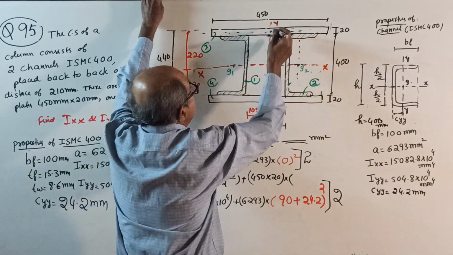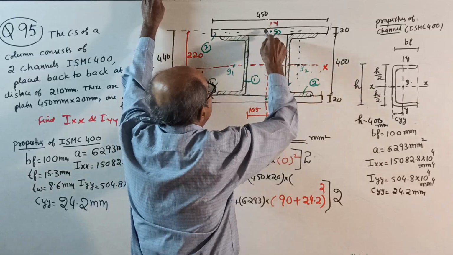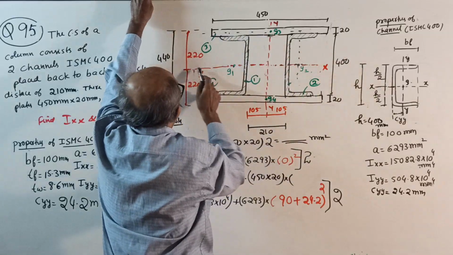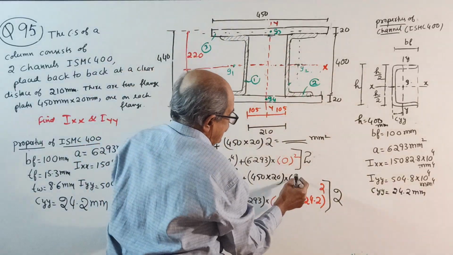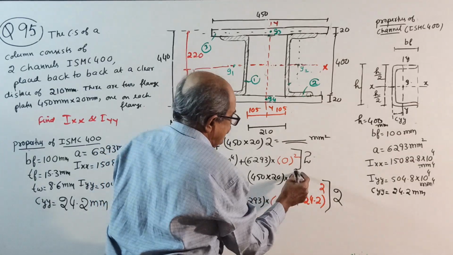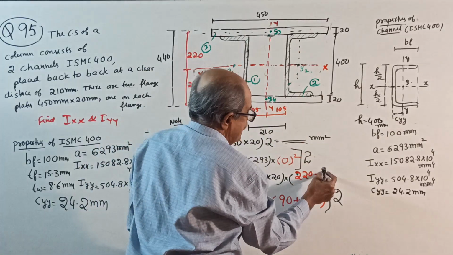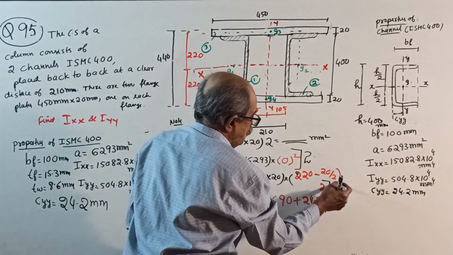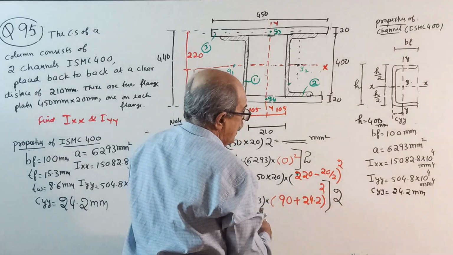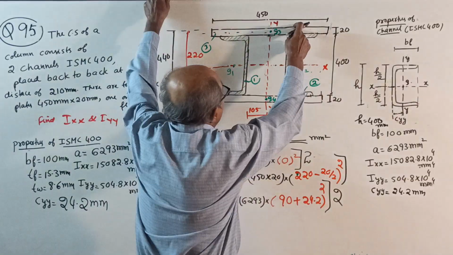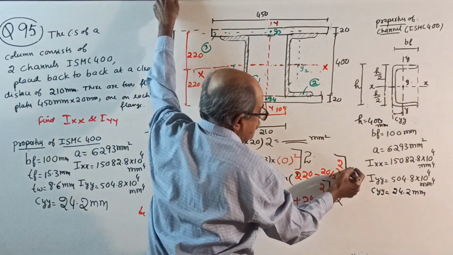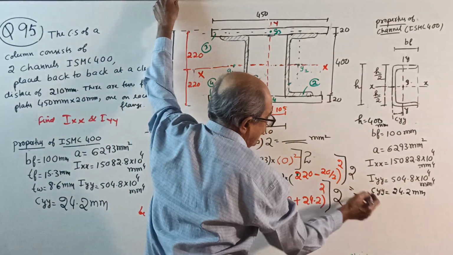From centroid G3 to this axis, this distance square is 220 minus half of 20, whole square. Whatever you get, that is for that plate, identical for this one, multiply by 2, calculate the answer.